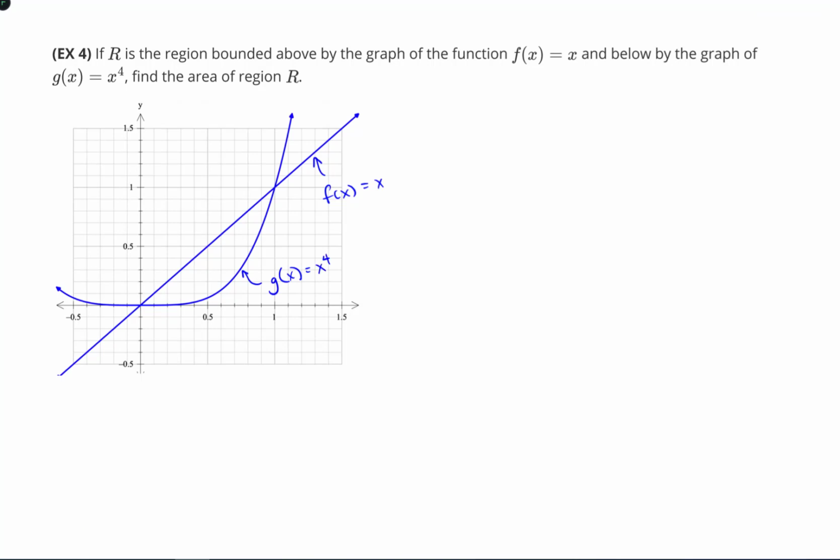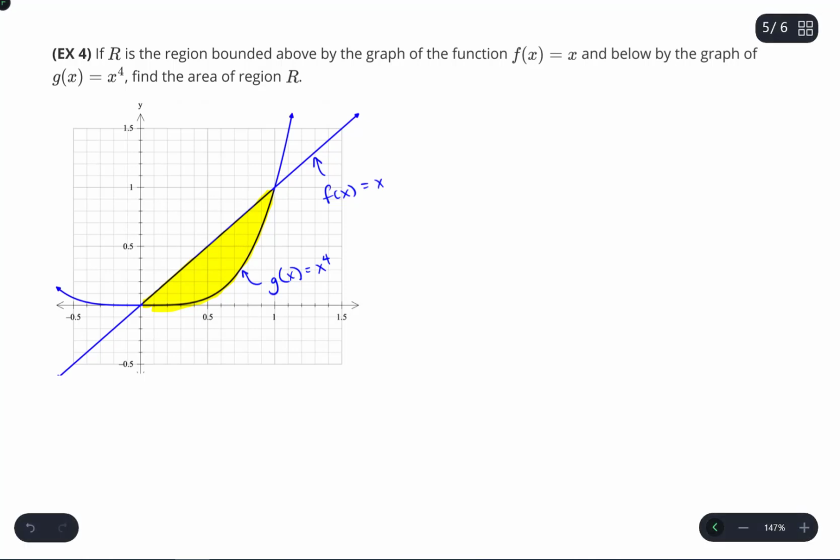So the region that I'm interested in is bounded above, so the highest points of this region is determined by f of x, and bounded below by x to the fourth. So bounded means it's a finite region that you could draw a circle around, and that's what's bounded between these two graphs. Okay?